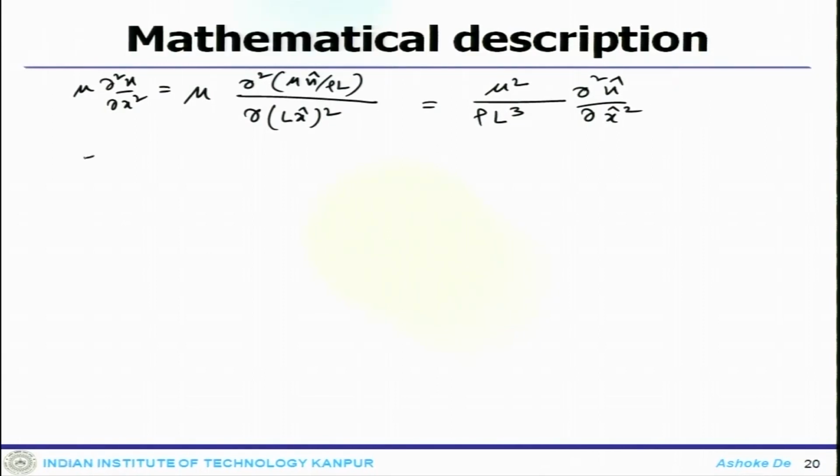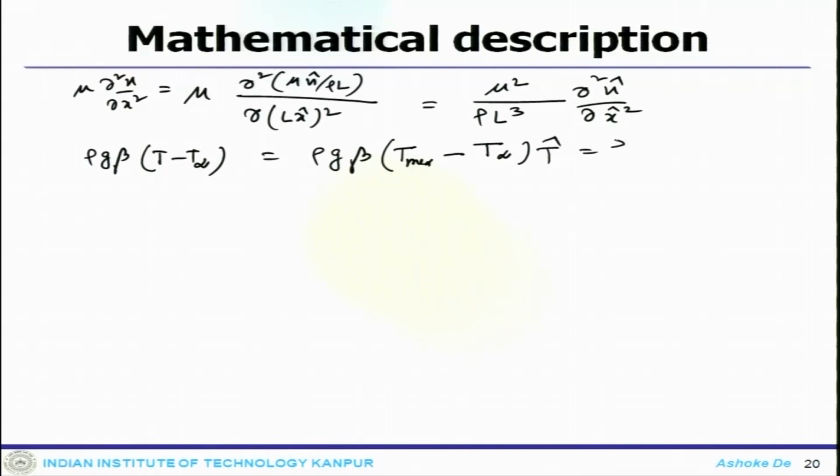And the final term, that is rho g beta (T minus T infinity). So, that becomes rho g beta (T max minus T infinity) T hat. So, this would be rho g beta delta T.